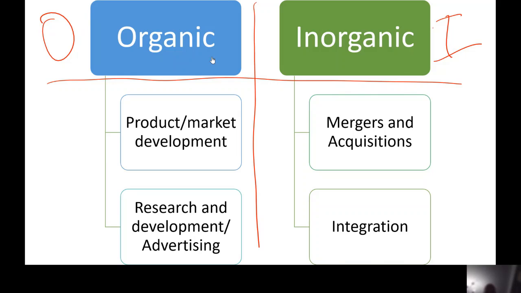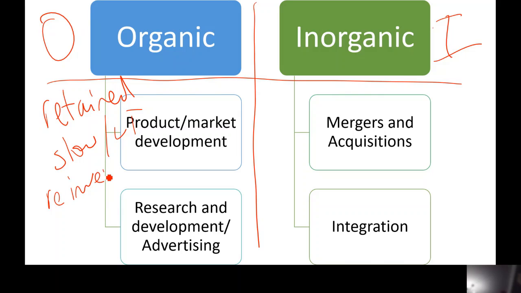Okay. So organic growth, that was the one that was about retained profits. It was slower, tending to be long-term growth. It was about reinvestment, think about an internal source of finance, and it's growing the current company.